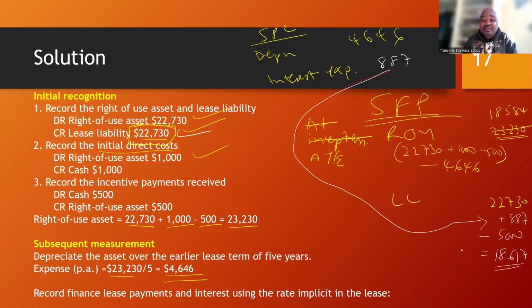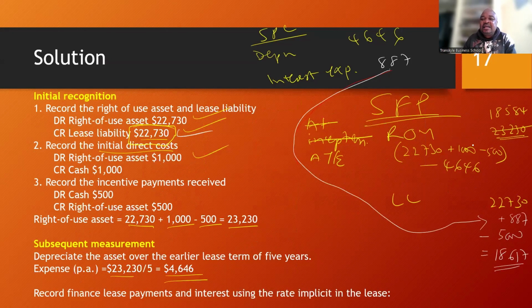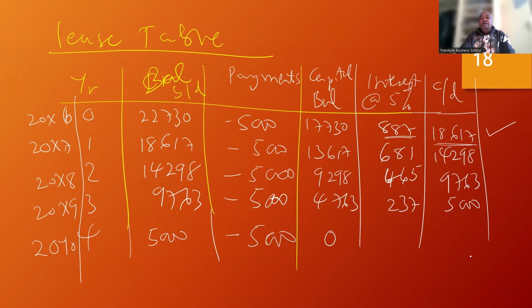Let us confirm from the lease table to see if we are right. This is the amount we are talking about, 18,617, and this is the amount we are having. One might be interested in splitting this liability into current and non-current portions.